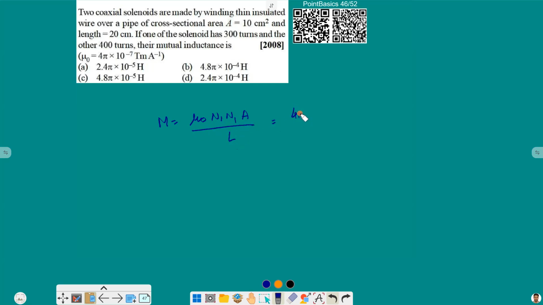So 4 pi into 10 raised to power minus 7 into 300 into 400 into area, that is 10 into 10 raised to power minus 4, divided by length, that is 20 into 10 raised to power minus 2. Solving this, we get 2.4 pi into 10 raised to power minus 4. That is option D for us. Let's move to the next one.